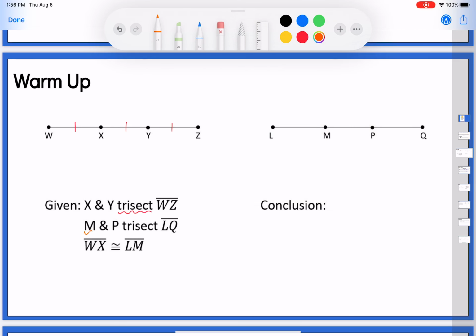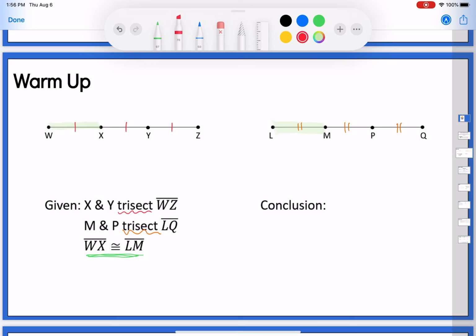And then we have that points M and P trisect segment LQ, so that means these parts are congruent as well. And then our third given says that little segment WX is congruent to little segment LM. Well, that is this segment congruent to this segment. So that means they should be marked the same, right?